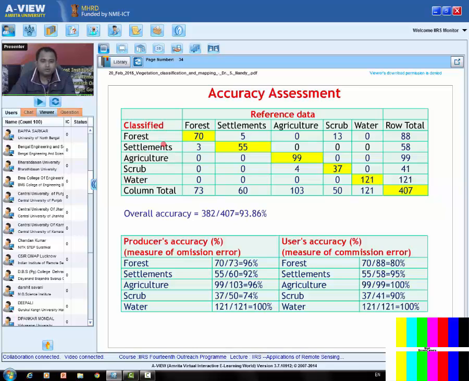Now, if I want to calculate the accuracy of this image, I add up the diagonal values and divide by the total, which gives me the accuracy of this image. This is totally hypothetical data. What is producer accuracy? Here it is 70 by 73.